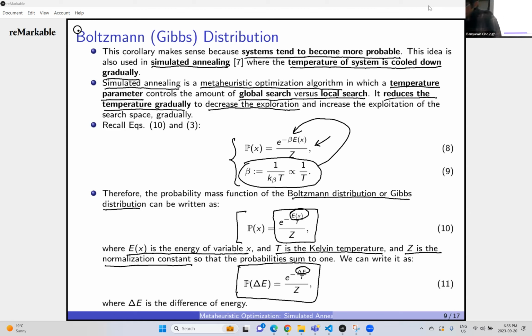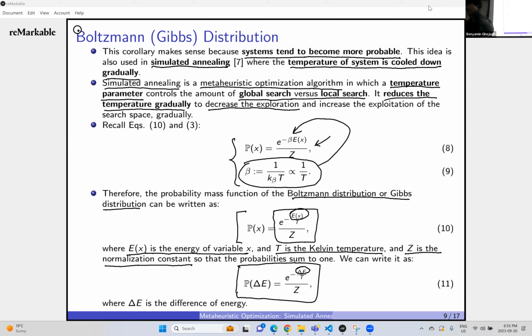Okay. So as I said, we assume beta is 1/T. Because it's not physics, we are using that in our program, so I assume k_B is 1. And then in equation 10, the Boltzmann distribution becomes e to the power minus E(x)/T, and we also have Z in the denominator.